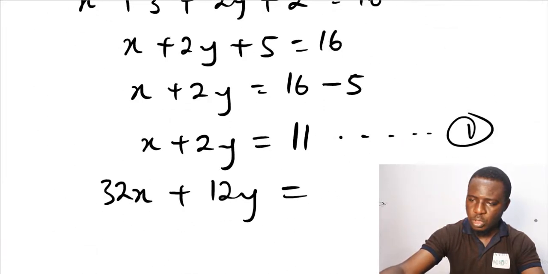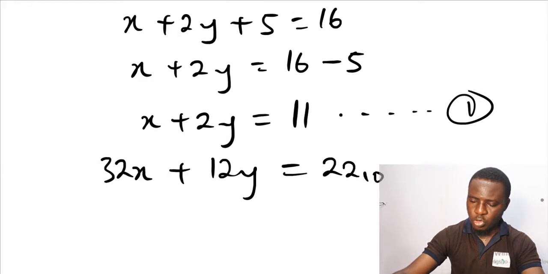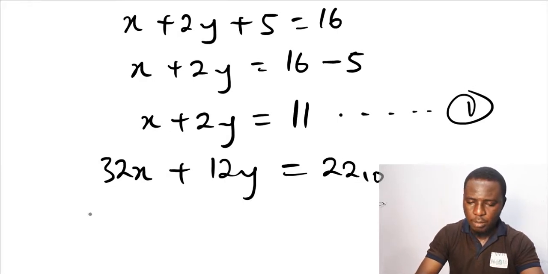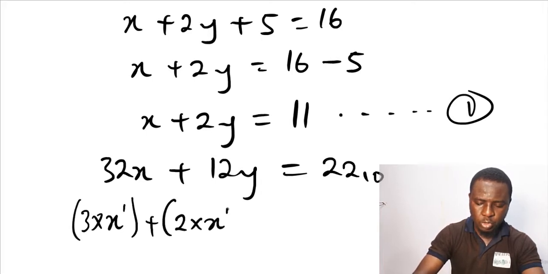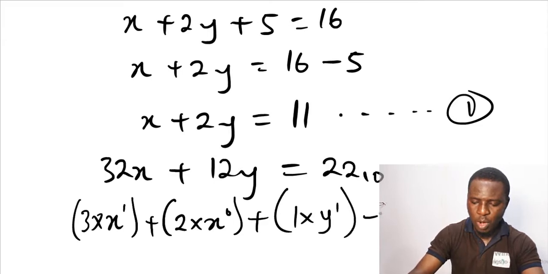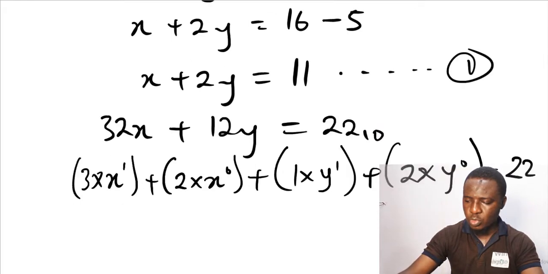Go back and pick equation 2 and do the same, which says 32 base x plus 12 base y is equal to 22 base 10. So we are also going to convert them to base 10. This becomes 3 times x raised to power 1 plus 2 times x raised to power 0 plus 1 times y raised to power 1 plus 2 times y raised to the power 0 being equal to 22.